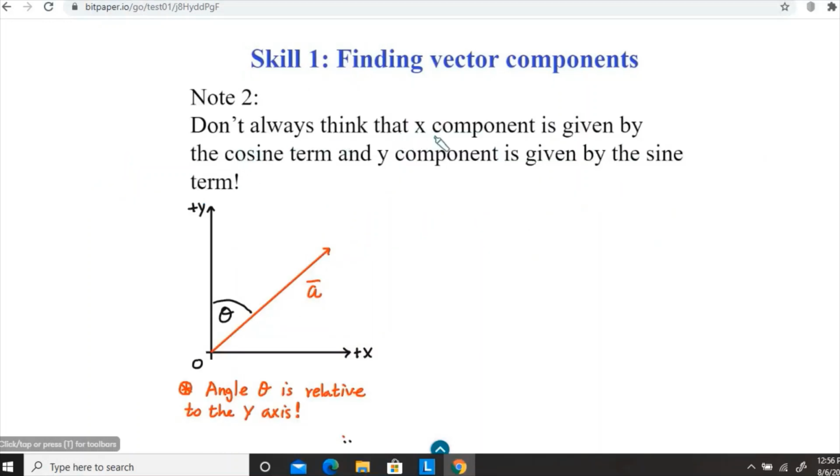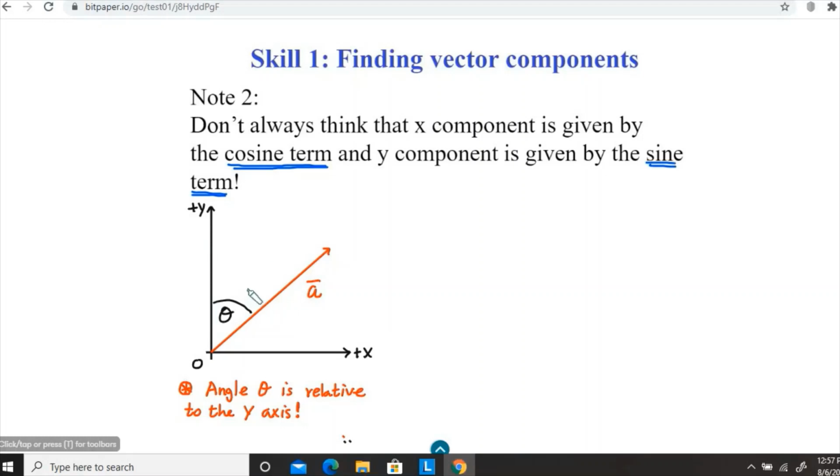Don't always think that the x component is given by the cosine term. Most of the time students think that if it's the x component, it's cosine, and if it's the y component, then it's sine. Don't think in that way, because there are exceptions, as I'm showing you in this particular example.